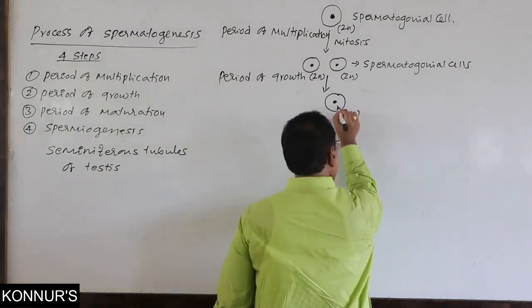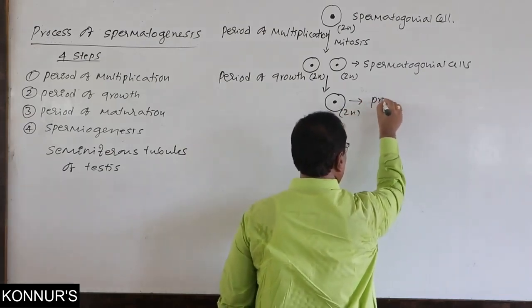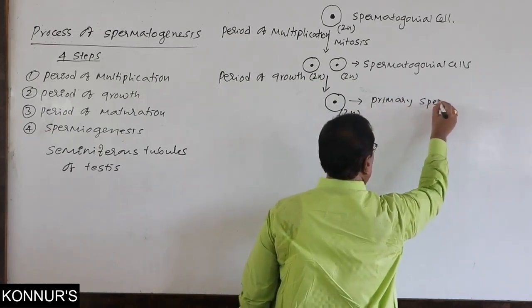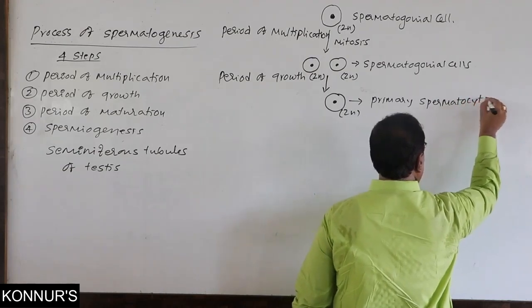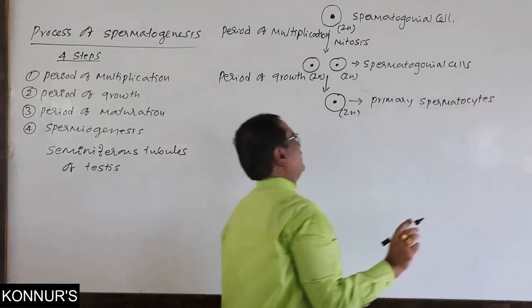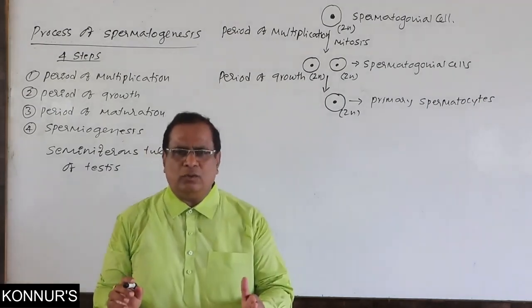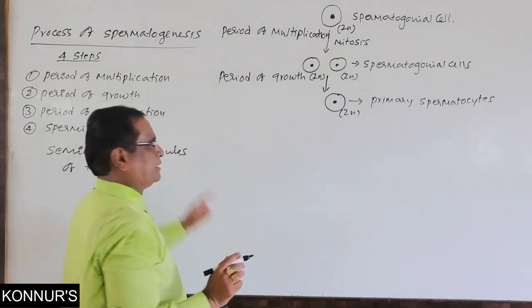Now, such spermatogonial cells are named primary spermatocytes. Now they are ready to undergo maturation. That is the third step.